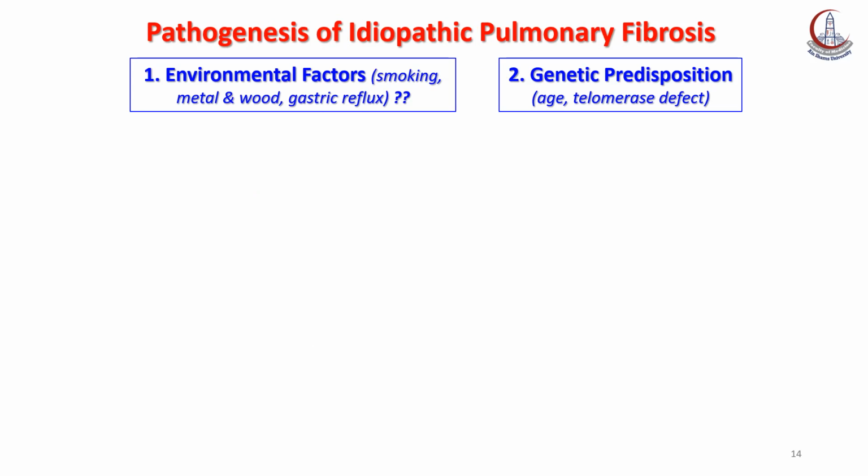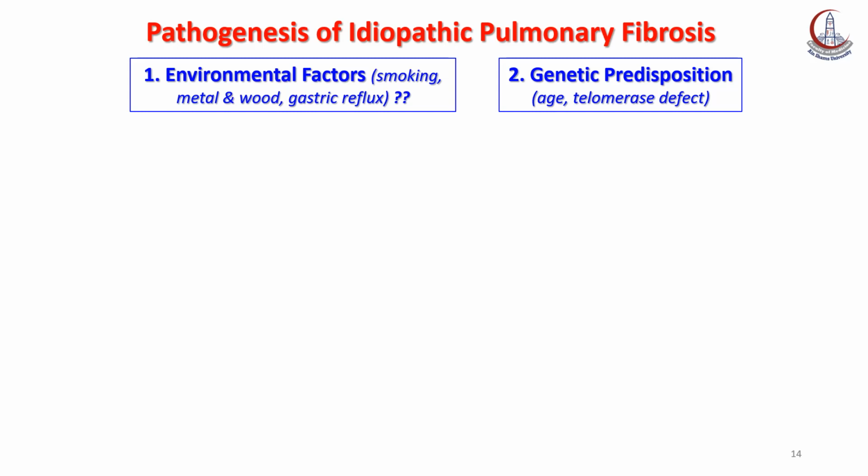Pathogenesis of idiopathic pulmonary fibrosis. What causes lung injury? It is either environmental factors like exposure to smoking, metal, wood dust, or gastric reflux, which was discovered lately.